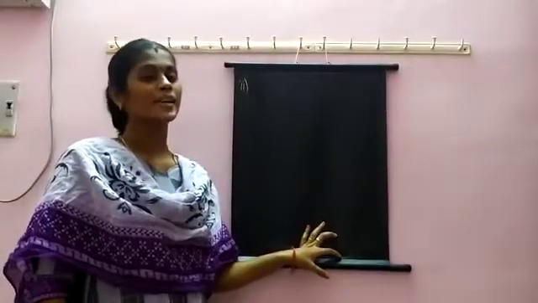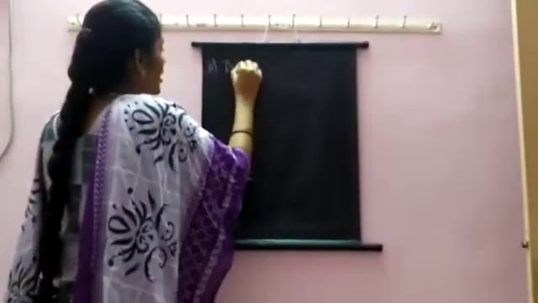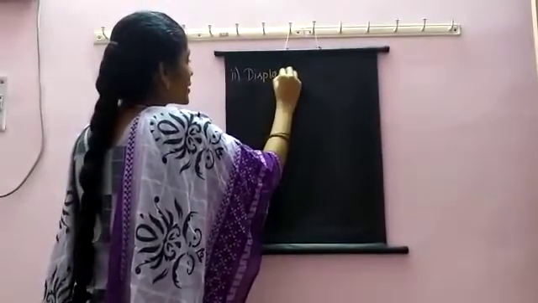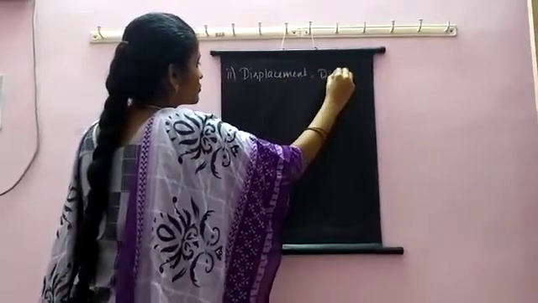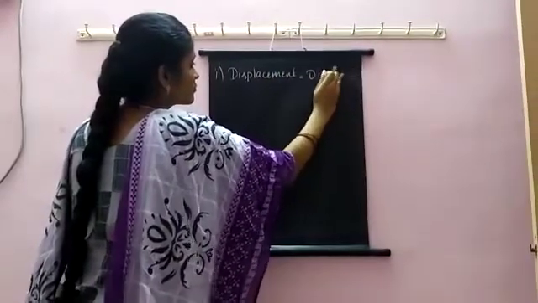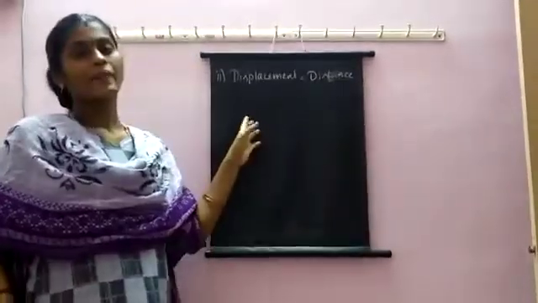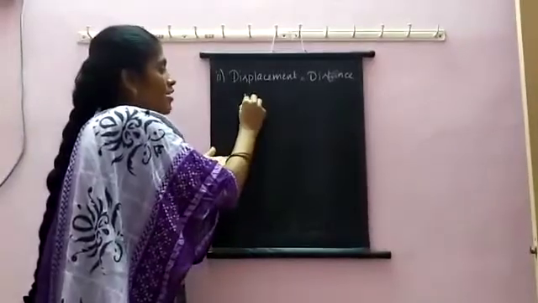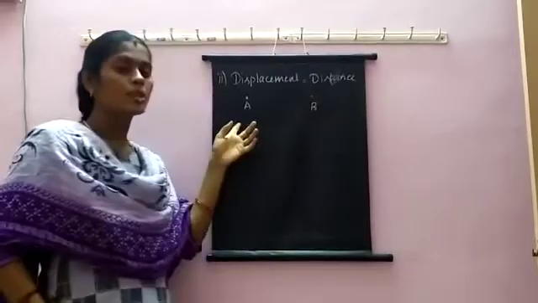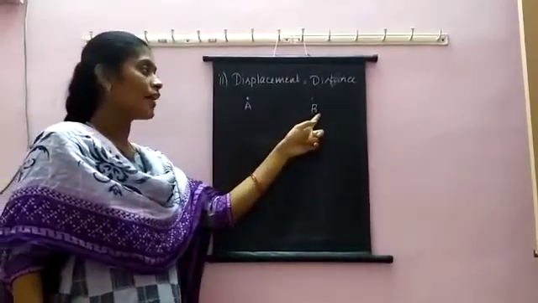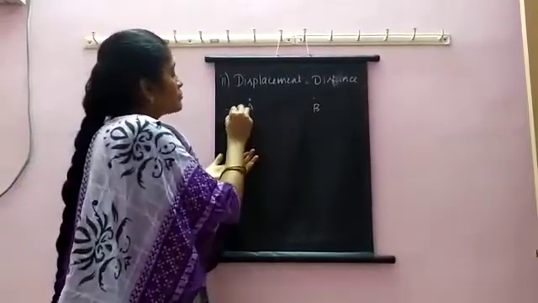Now we are going to see the next example, where the distance is equal to displacement. If a person starts from point A and reaches point B, the initial point is A and the final point is B. What is the distance here?